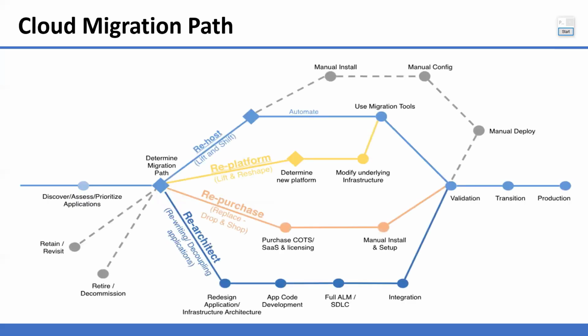Now, in this diagram, you can see how you can choose your cloud migration path. Once the due diligence has been done, you need to decide which migration path you would like to follow.